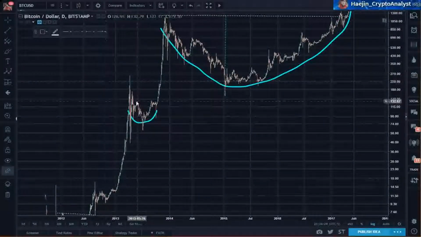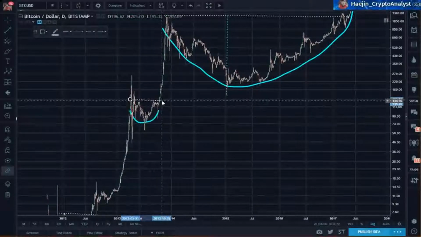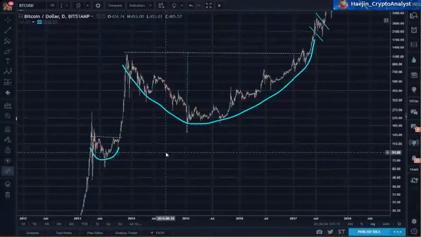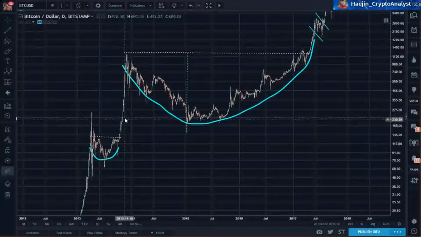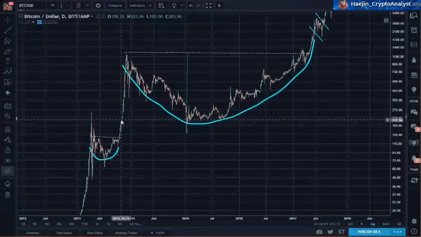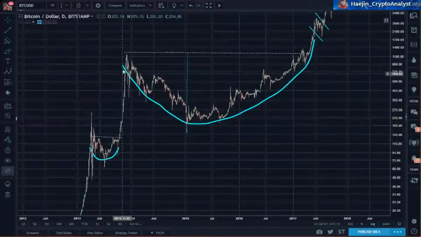Now here too, I'm going to draw a white line across the top. We're about equivalent to here right now. In this scale, we're about equivalent to about here. There was a lot more to go on this one.